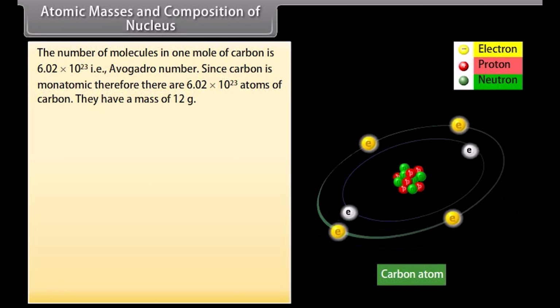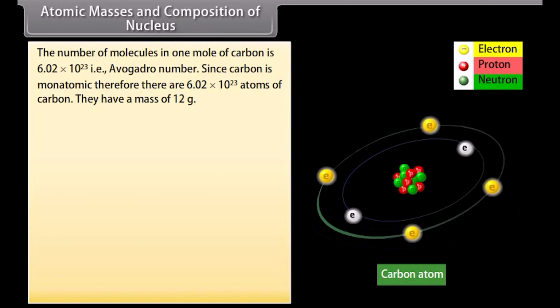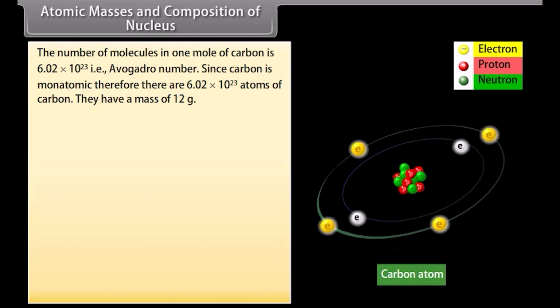Atomic masses and composition of nucleus. The number of molecules in 1 mole of carbon is 6.02 × 10^23. That is Avogadro number. Since carbon is monoatomic, there are 6.02 × 10^23 atoms of carbon.